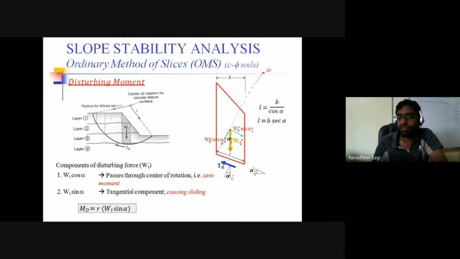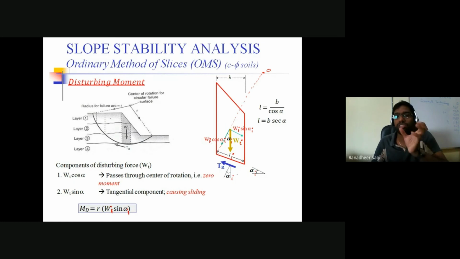Now, what is the component of the weight which is tangential to the failure surface? It's simply Wi into sine alpha i. Once you know the tangential force component is Wi into sine alpha i, because of that much force, failure is represented in your slope. So I can go on to write down the moment which is causing the driving in your slope for that particular ith slice.